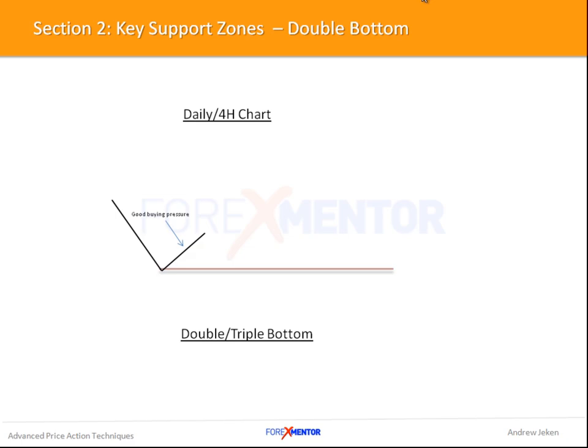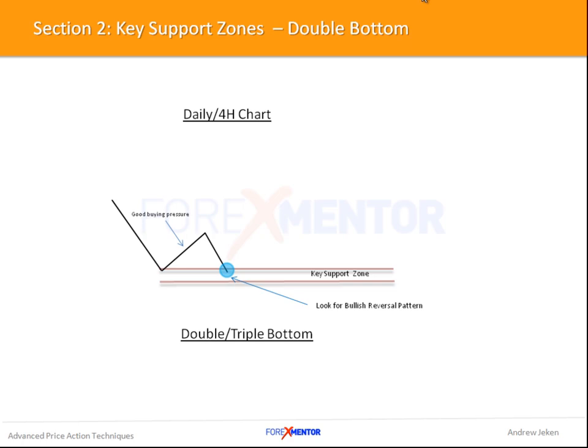Or a bounce. Once we identify that bounce, we can draw a horizontal line off the lows. And what we're looking for is when price returns, if it returns back to this area, we're looking for a bullish reversal pattern to buy at this level.